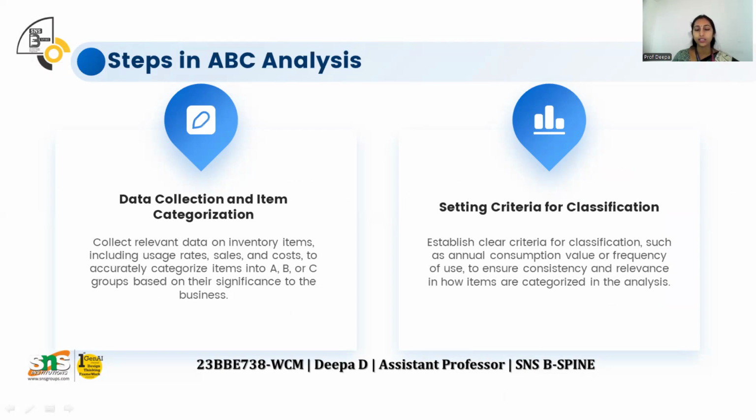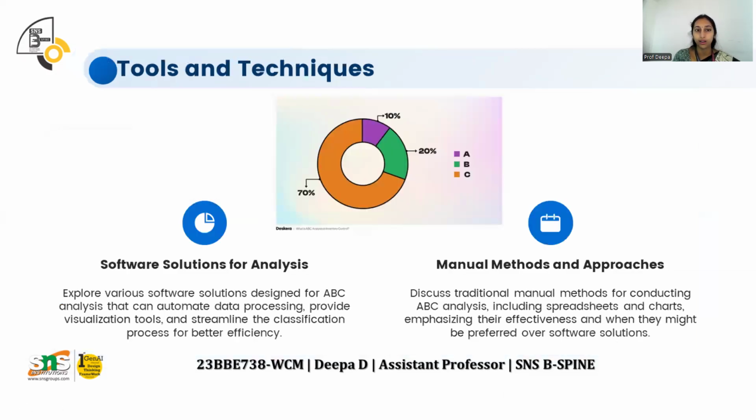Next is setting criteria for classification. You are setting a base. What kind of criteria? These are the goods where annual consumption value is held, and these goods are frequently used and frequently purchased. By categorizing like this, you can easily have proper and clear control.